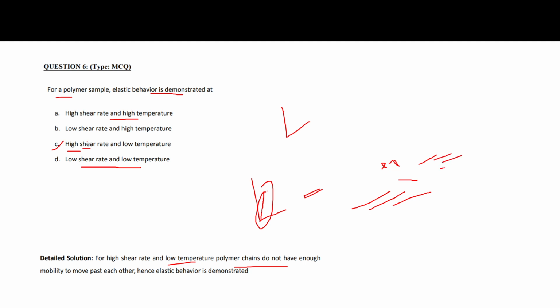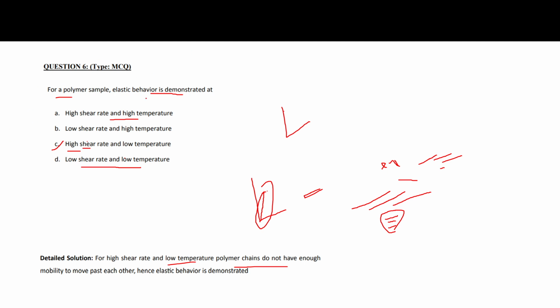But at lower temperature the polymers are not mobile enough to move easily, so you need much more stress to move them. That means you need a higher shear rate to move the polymer at lower temperature.